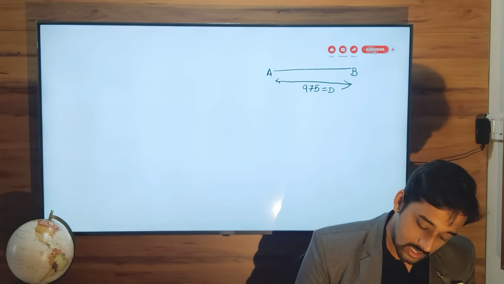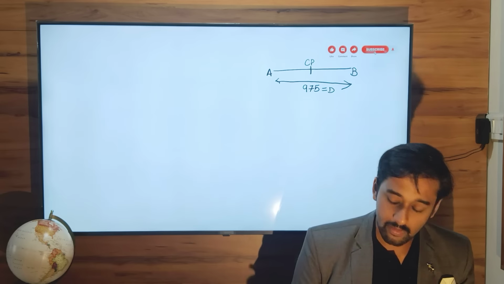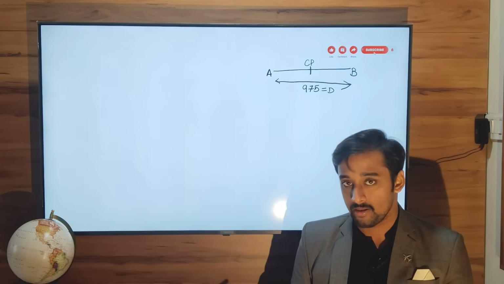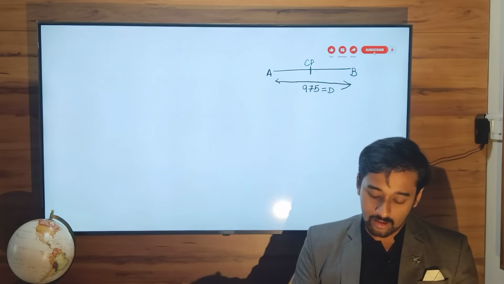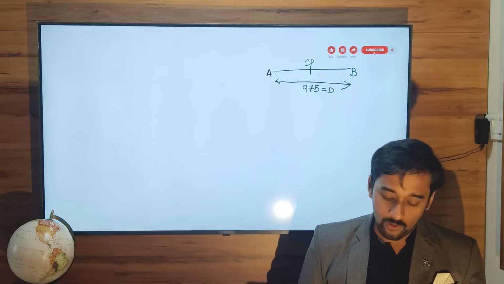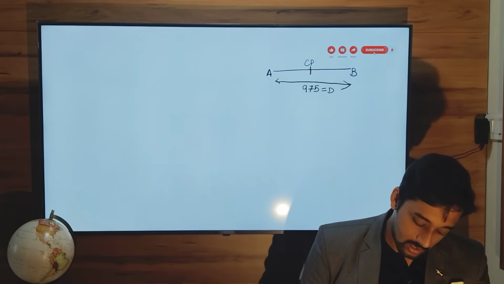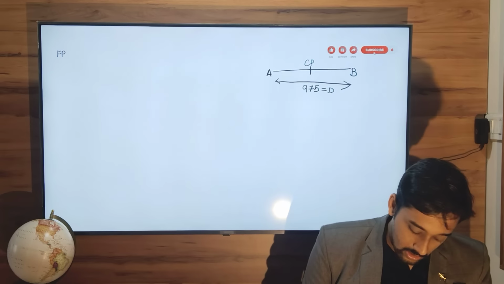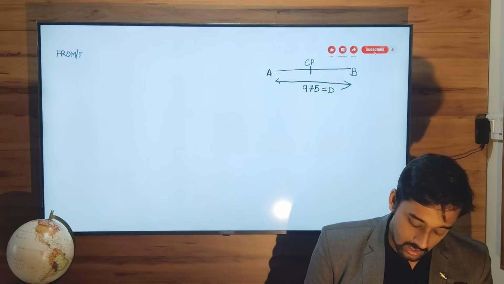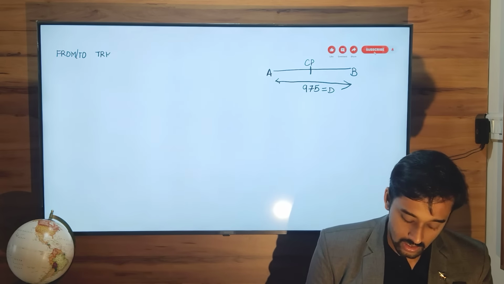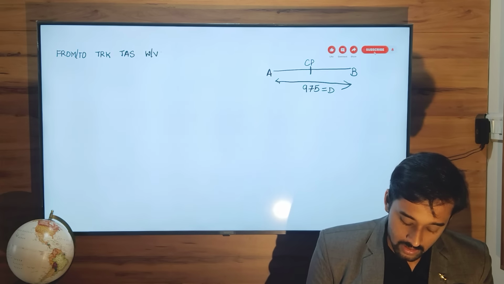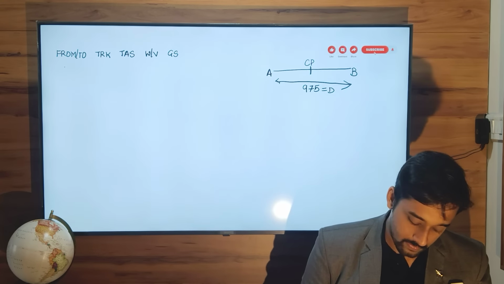There is a critical point between A and B. So like I told you, for critical point you have to draw a table with columns: from and to column, a track column, a TAS column, a wind velocity column, and a ground speed column.